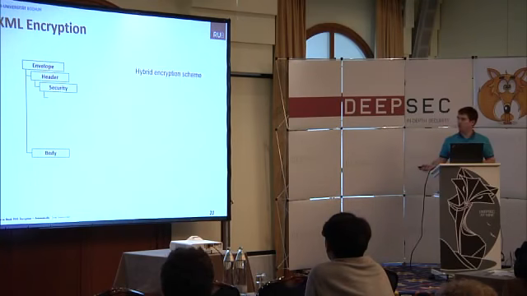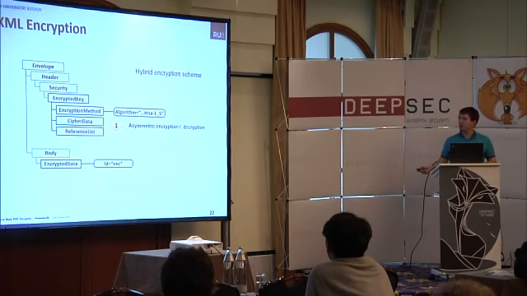Imagine we have this envelope and body element, and we now want to encrypt the content of the body element because there is some confidential data. We first create the encrypted key element and the encrypted data element. And then in the encrypted key element, we use some public key encryption algorithm to encrypt some symmetric key.